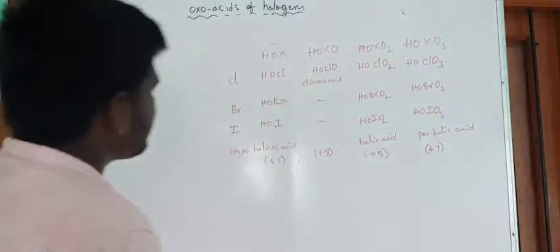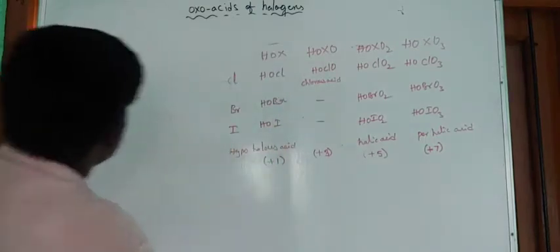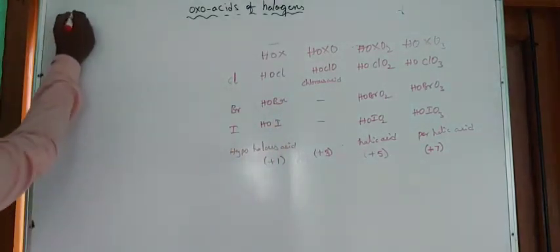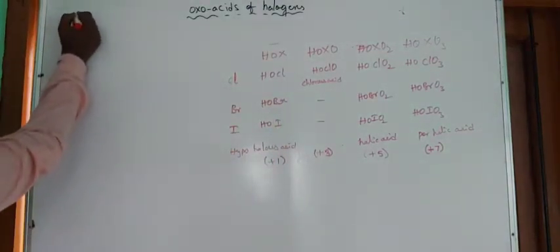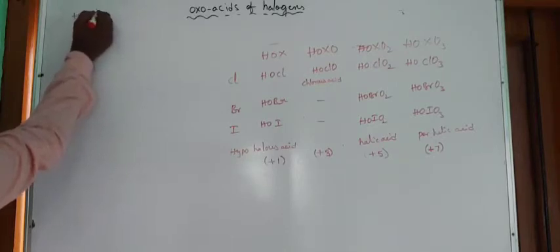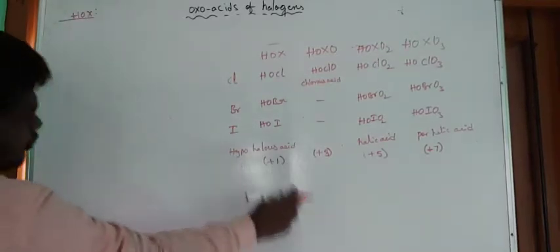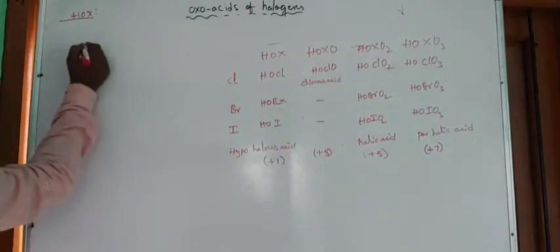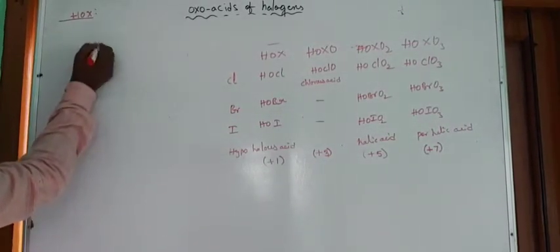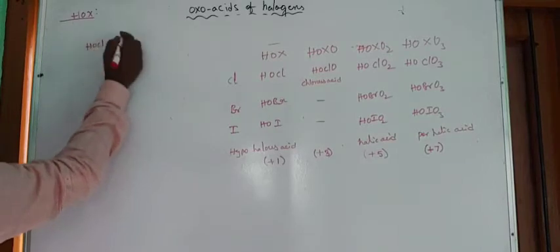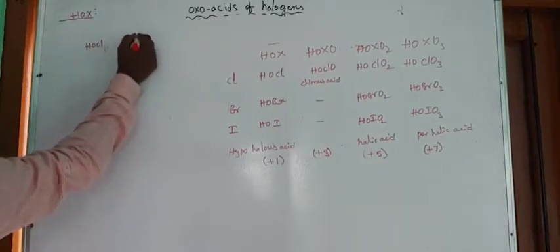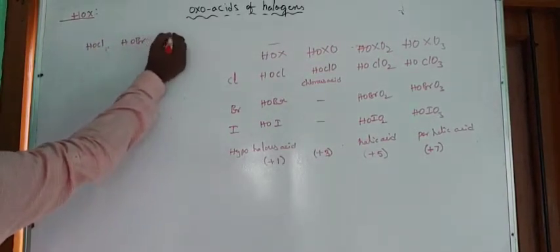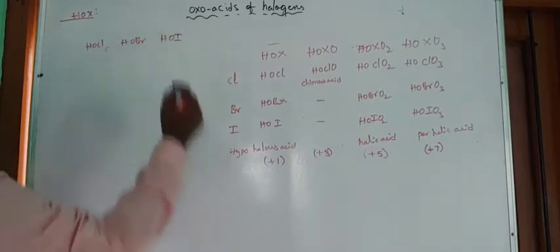So first let me consider HOX type. HOX means what, guys? Hypohalous acids. So HOX type acids are HOCl, HOBr and HOI.